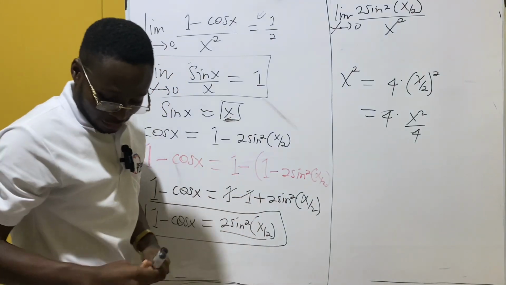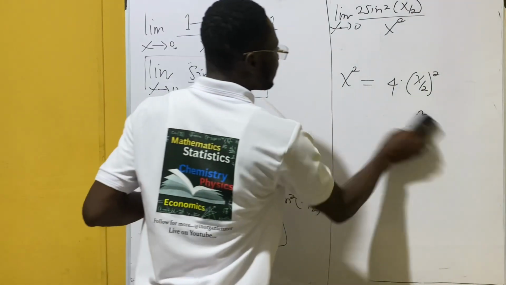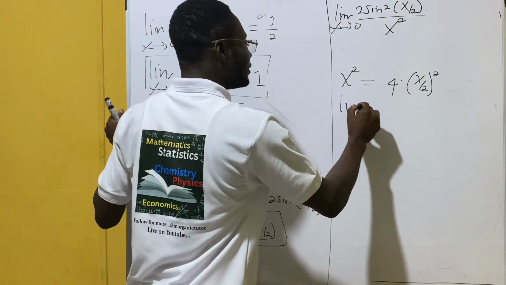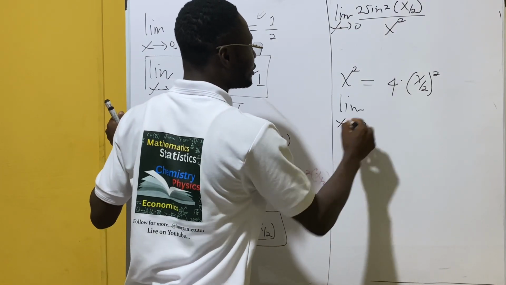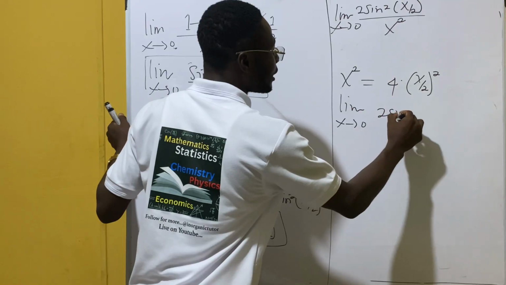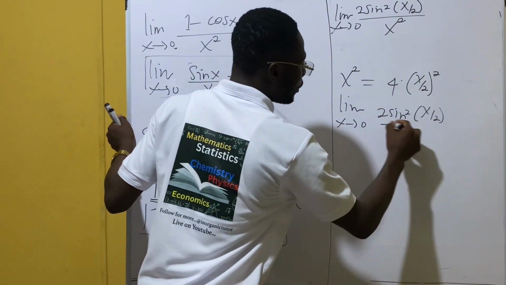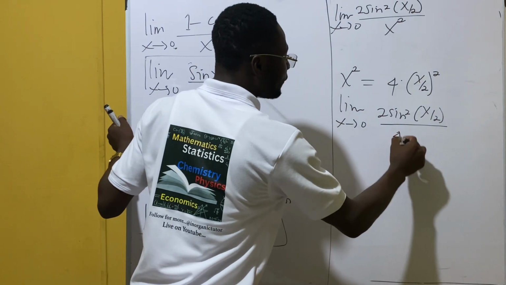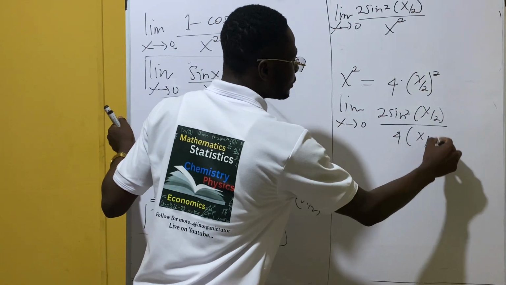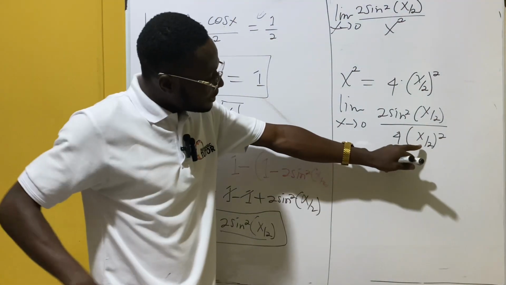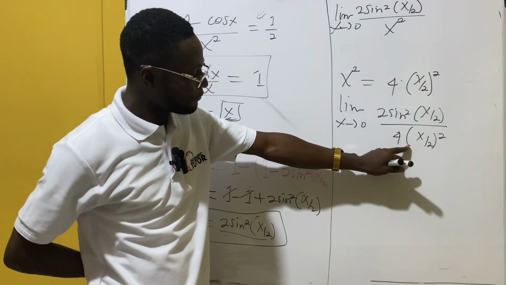Here we have the limit as x approaches 0 of 2 sin squared of x on 2 all over 4 times x on 2 all squared.